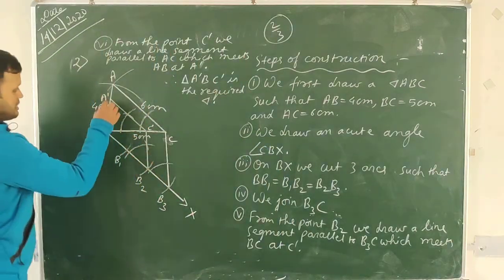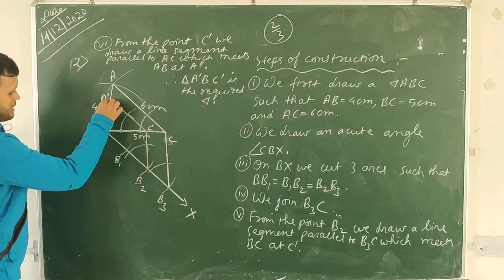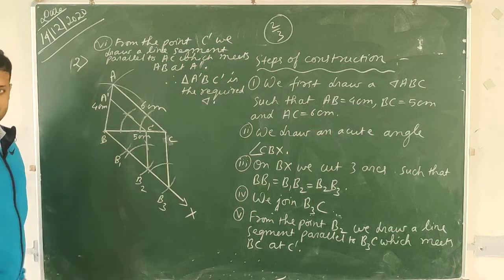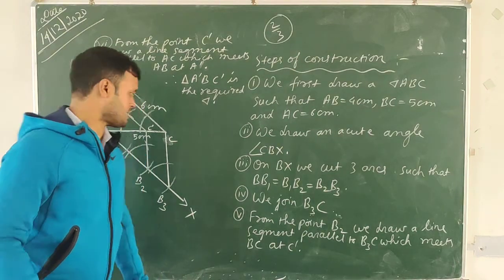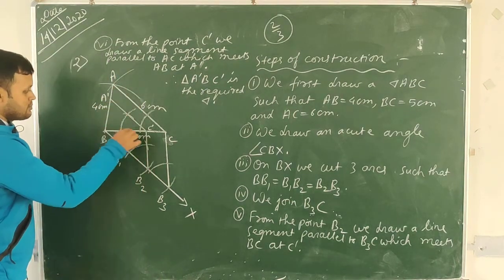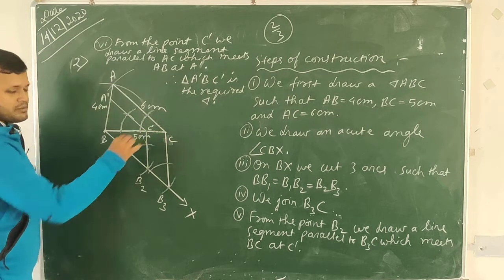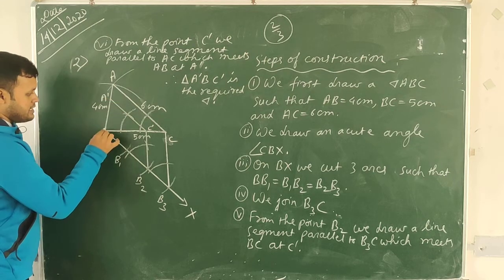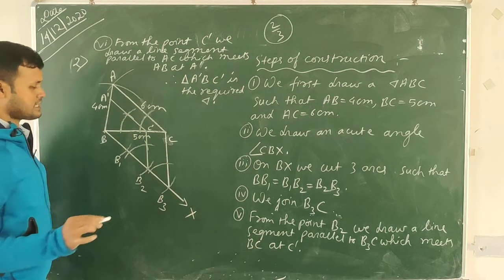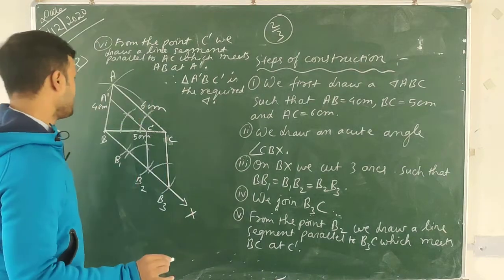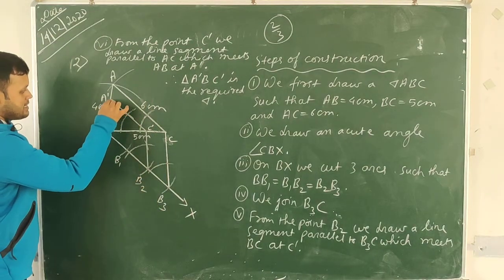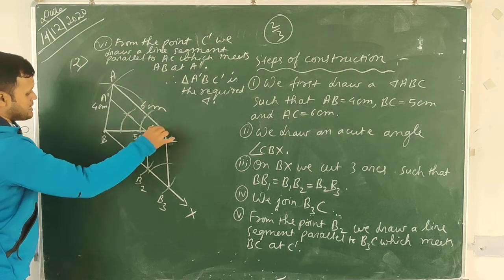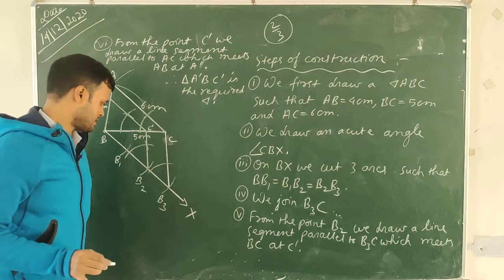Now all of you must be thinking this smaller triangle, A dash B C dash, is the required triangle, isn't it? This is the triangle we have got after the construction. Now, how is it that the sides of this smaller triangle are equal to 2 by 3 of the sides of the bigger triangle? Let us see, students.